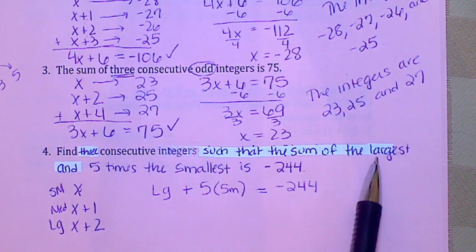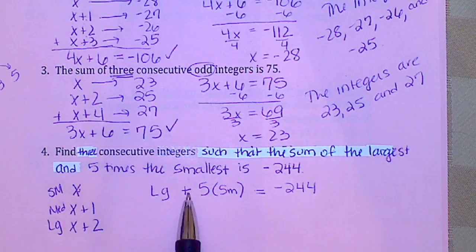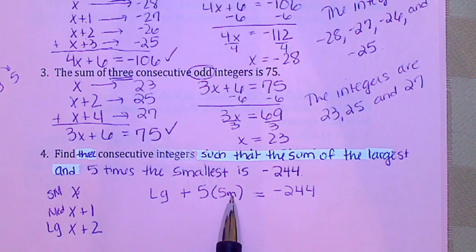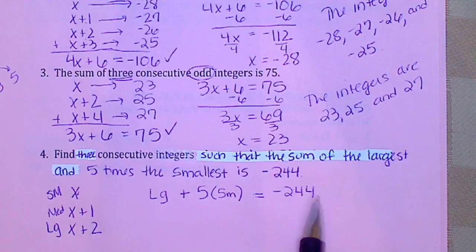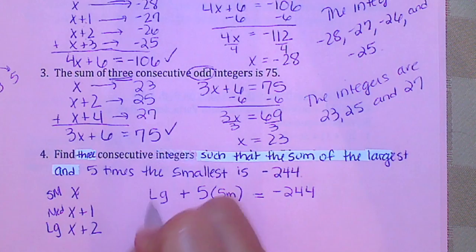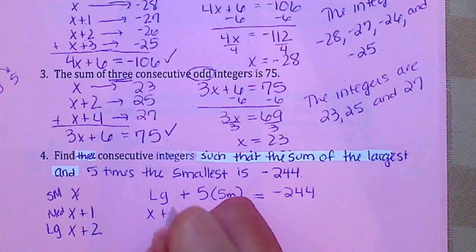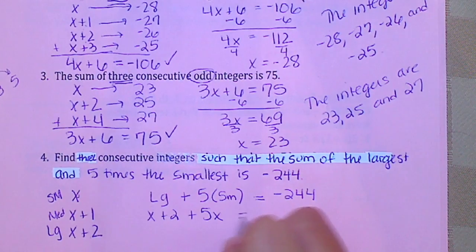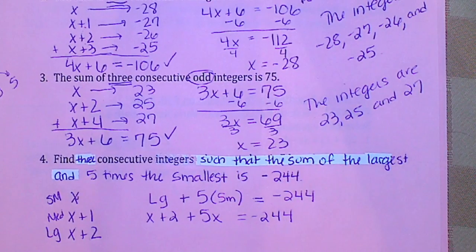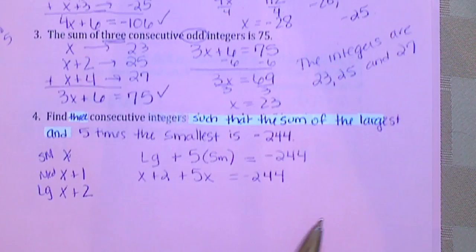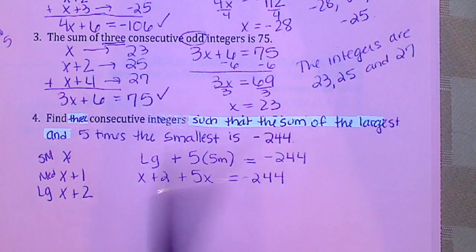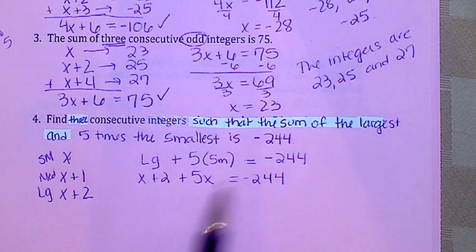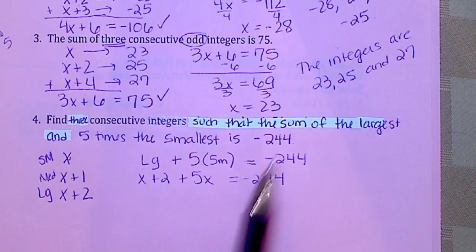The sum of the largest number and, that's plus, 5 times the smallest, SM for small, is, tells us equals, negative 244. Now we can plug in what we know the large is. The large is x plus 2. And the small is x, which you can just put 5x. And then you're just solving the equation. So generally, you just need to take it step by step. Translate it if you want first into words, a wordy equation, I guess, and then put in your actual integers.